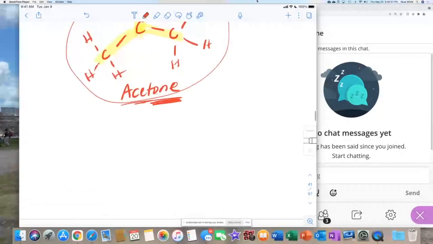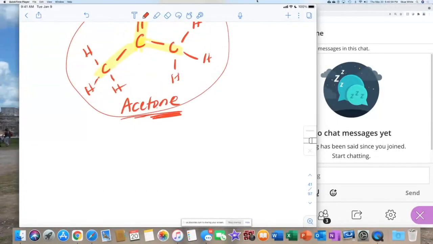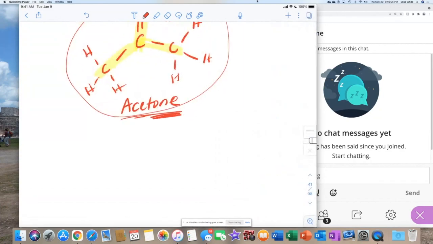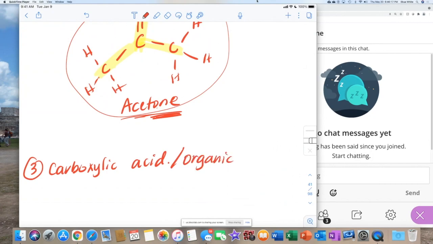Okay, I'm not done. I forgot. So I've done aldehyde, acetone. Then I'm moving on to carboxylic acid. Our next group is carboxylic acid. With the carboxylic acid, this tends to be essentially organic acids.